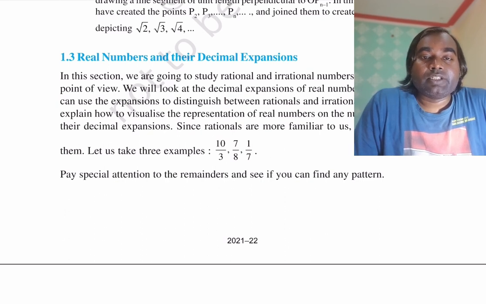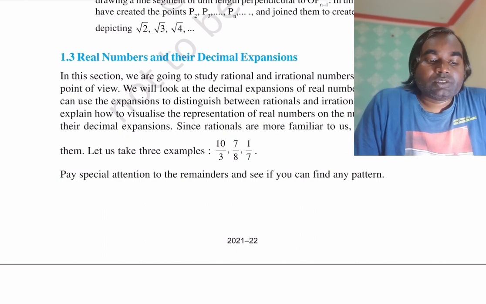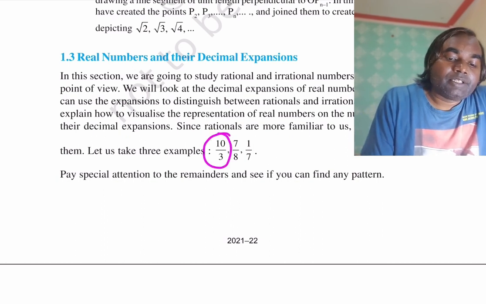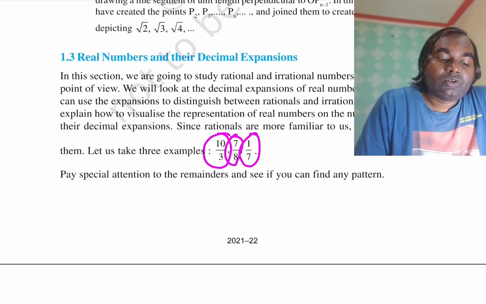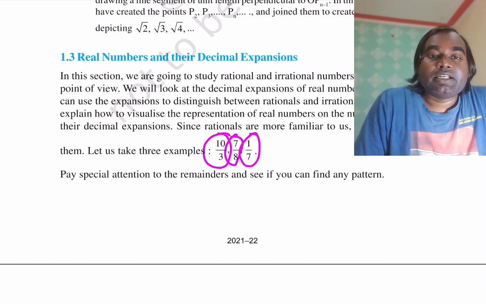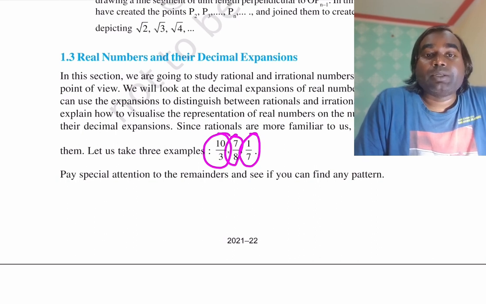You know that rational numbers can be represented as p by q, where p and q are integers and q is not equal to 0. Take these examples: 10 by 3, 7 by 8, 1 by 7. One by one, we will see what value comes out in decimal.